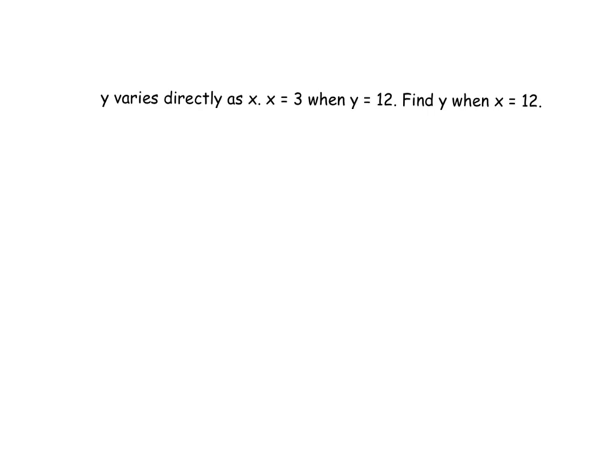So step one was to identify the type of variation and the equation. I always like to circle or underline the type of variation we're going to use, and it will tell you right in the problem. So in this case, it's direct. So we're going to be using y equals k times x, since y varies directly as x.